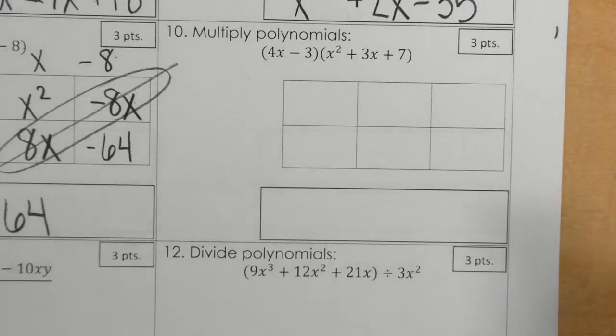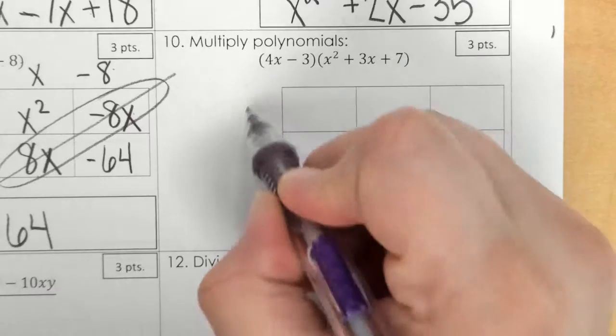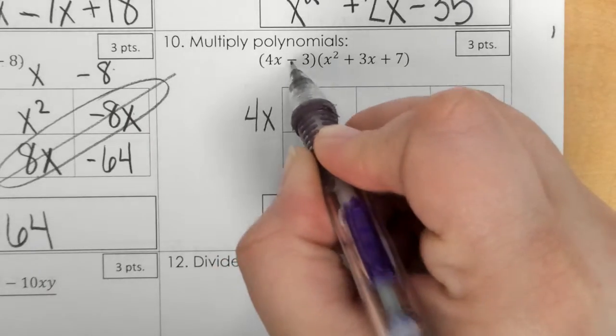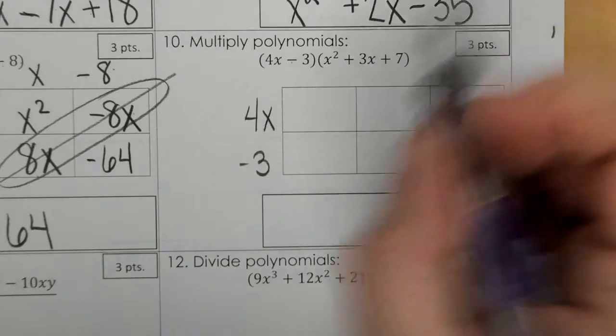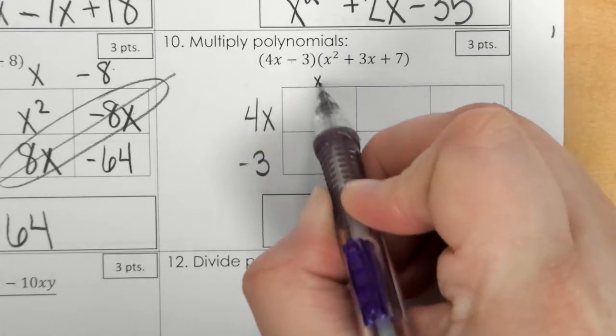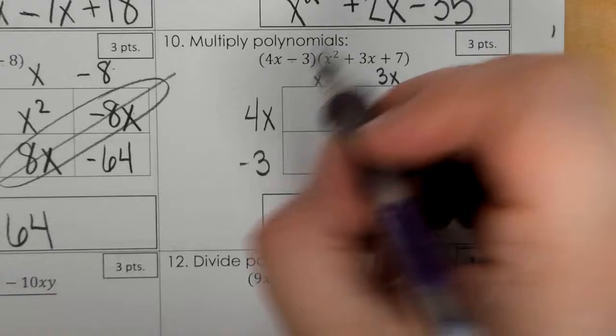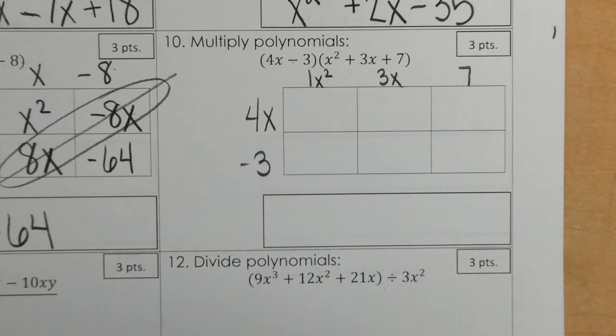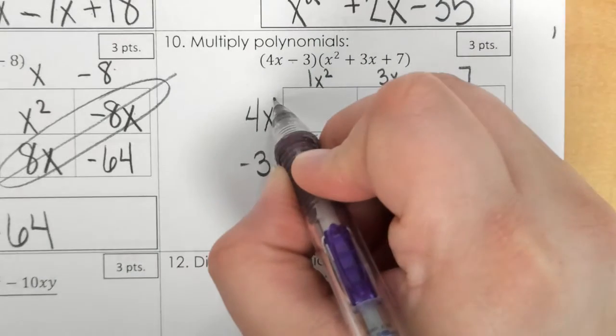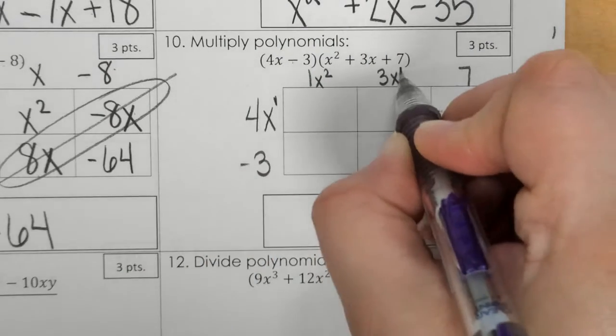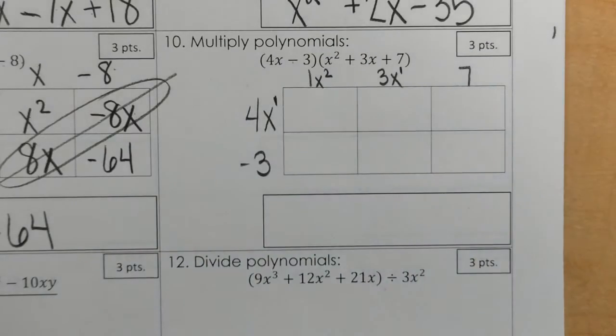Okay, in number 10, we go ahead and label. So 4x, a negative 3. On the top, we have x squared, 3x, and 7. We're putting a 1 in front of that x squared to help us out a little bit. And if it also helps, you could put little 1s on the x's here.